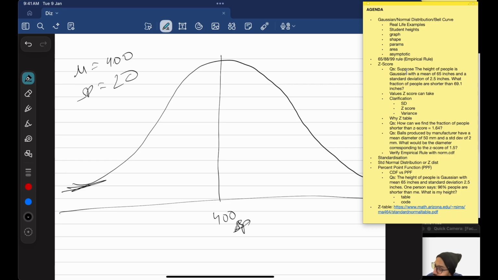So one standard deviation will be within 380 and 420. 2 standard deviations, 360 and 440, and 3 standard deviations, 340 to 460, right?